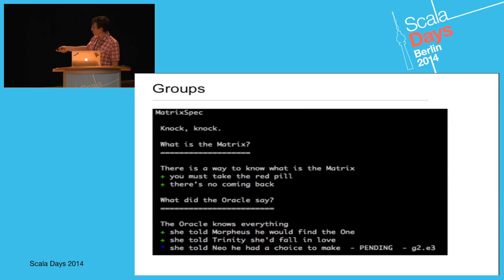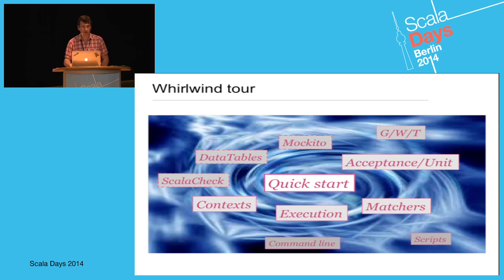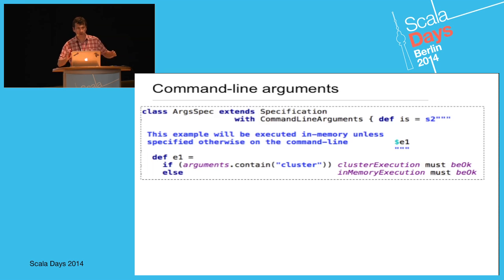So it's automatically marked as pending. You don't have to do anything for it. And it's numbered, so you know exactly in which group it is and which number it has. So that's one fancy thing which you can do if you want to have more Cucumber-like specifications.